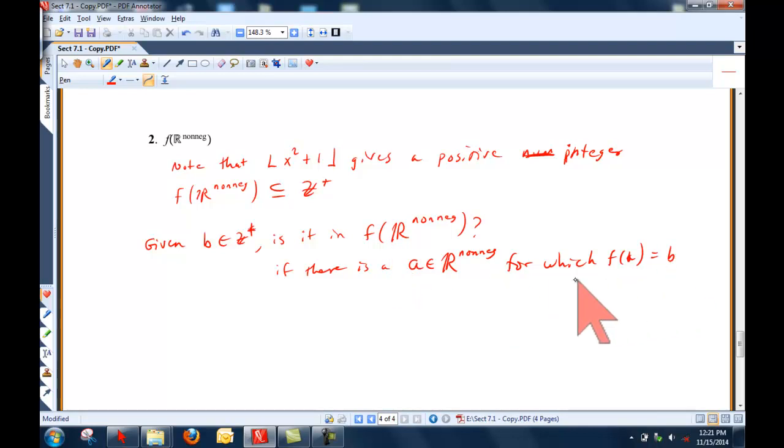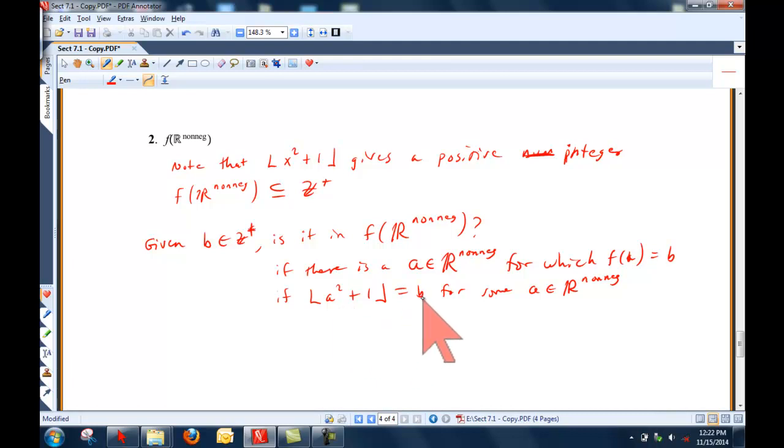The number b is in the range if there's a number in the domain which goes to b. And so if a squared plus 1 equals b for some a in r non-negative. So b is in the range if this equation has a solution. If I can find an a which makes this work.